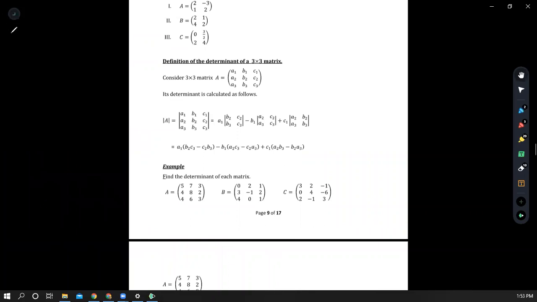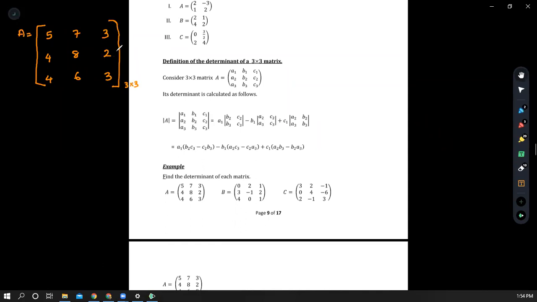Suppose that we have the matrix A. If I write down the elements of this matrix, it has the elements 5, 7, 3, 4, 8, 2, 4, 6, and 3, and this is a 3 by 3 matrix.